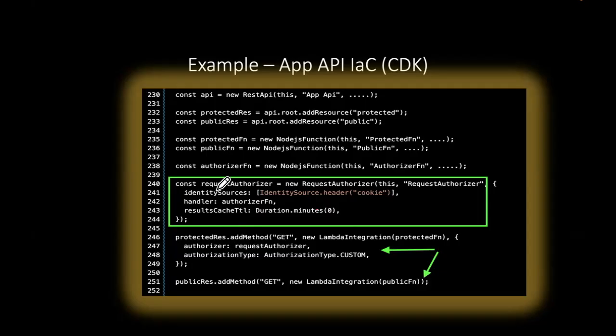This is essentially pointing at this one up here. So from an infrastructure point of view, you first need to have a Lambda. You then need to have a request authorizer, and then you need to specify which particular endpoints will use this authorizer. And we can see that the other one, the public one, is not using it at all.